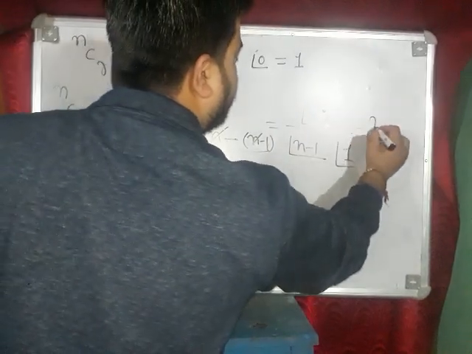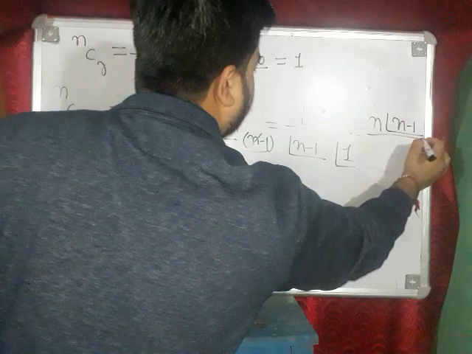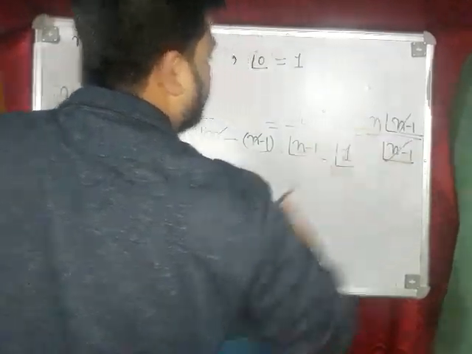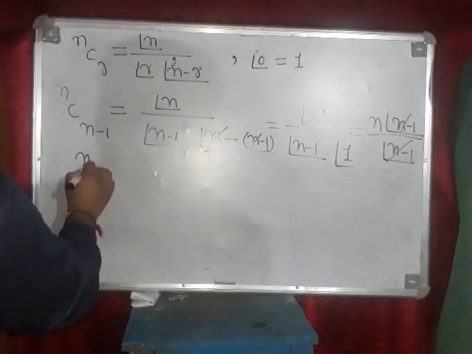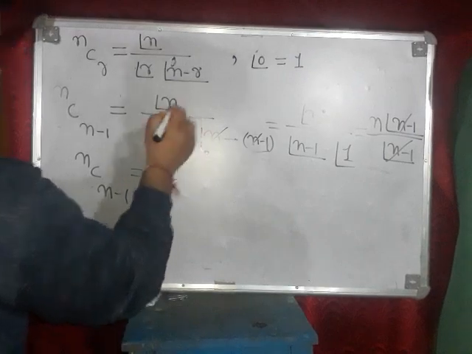Factorial n expanded is n into factorial n minus 1, and I am breaking here, so factorial n minus 1 upon factorial n minus 1 cancels out. So the value comes to n.